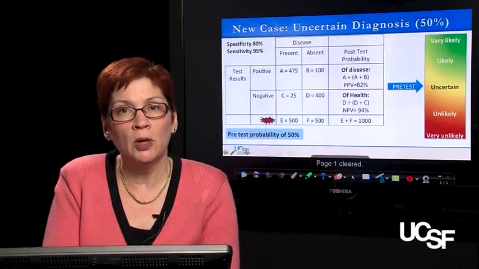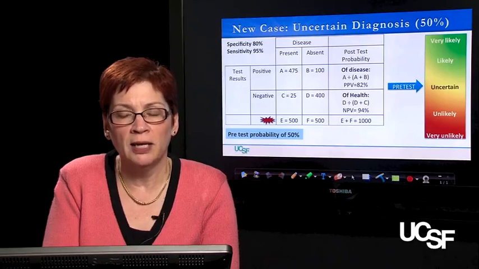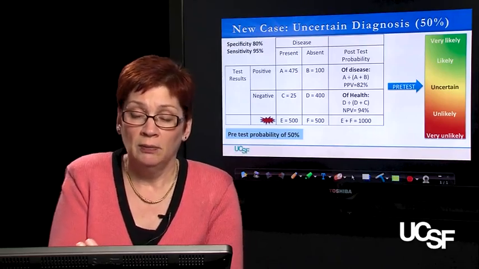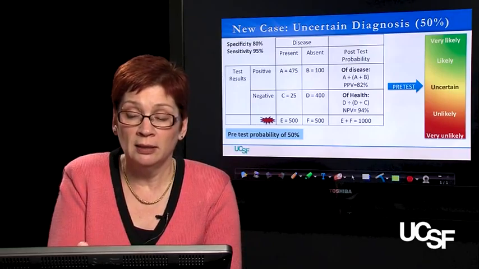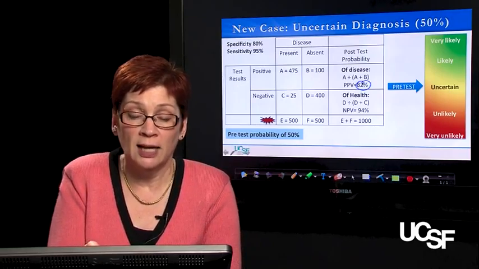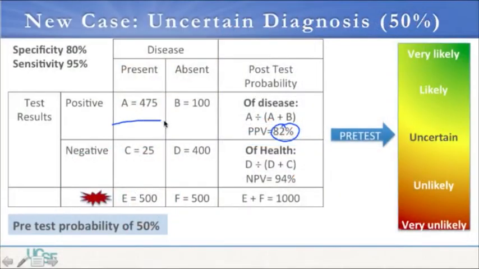And then we use our post-test probability formulas, positive predictive value, to calculate the positive predictive value. So that's all who test positive for the disease compared with the people who actually have the disease. So 475 over 575, and that's 82%.